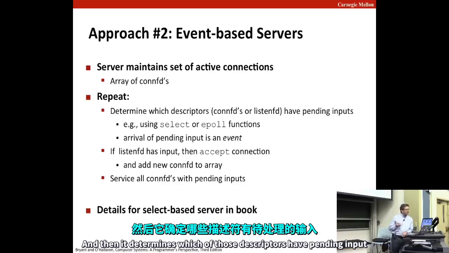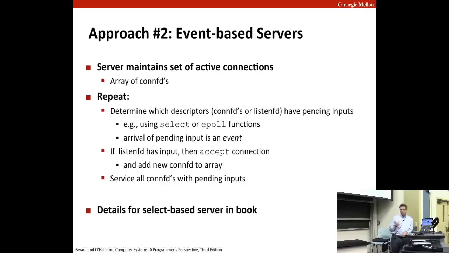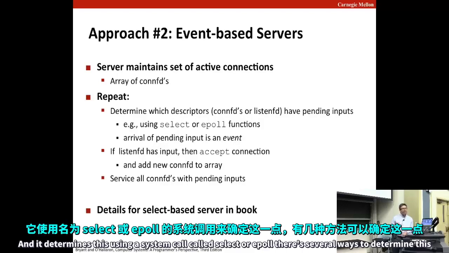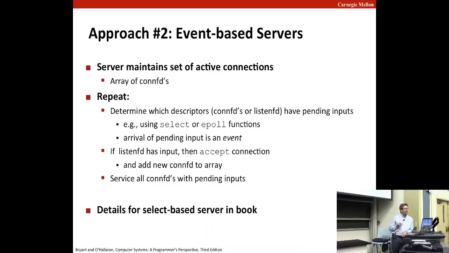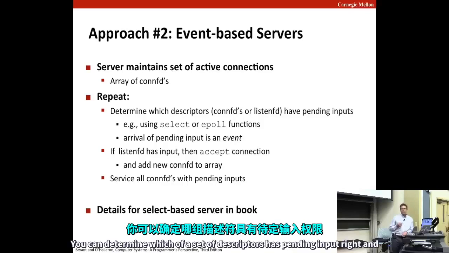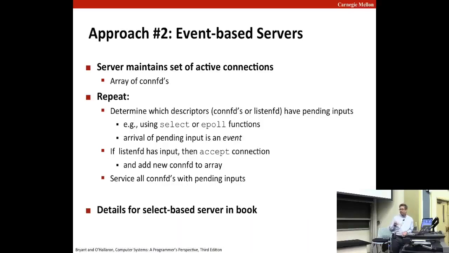Then it determines which of those descriptors have pending input. It determines this using a system call called select or epoll. There are several ways to do this, but basically, using select or epoll, you can determine which of a set of descriptors has pending input.